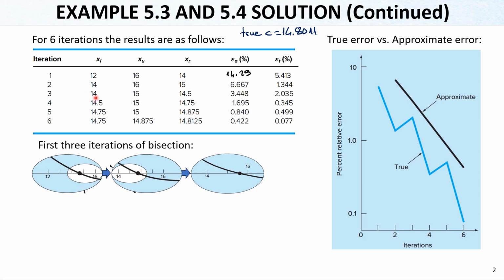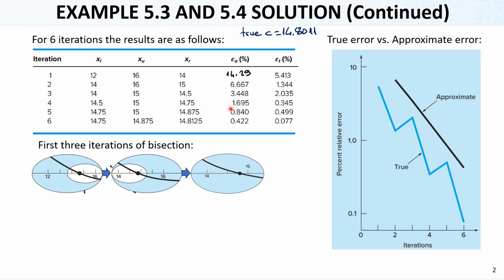That's why we kept the lower bound the same, but changed the upper bound to the XR value. And here we calculate the XR as 14.5. And with the 14.5 and lower value, we see that the sign is changing between the upper and this. So the lower is this value and upper kept constant as the previous one. And then the result is 0.75.